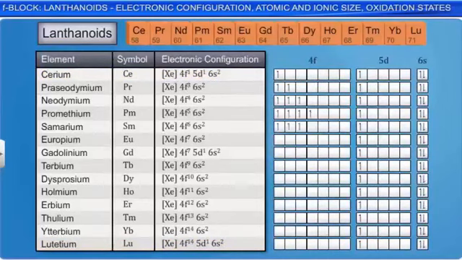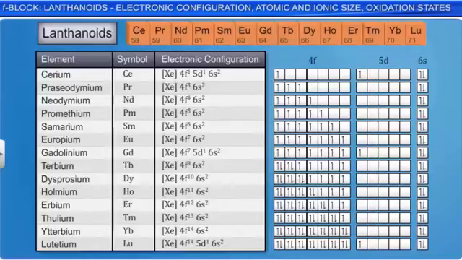However, it is energetically favorable to move the single 5d electron to the 4f level for most of the elements, except cerium, gadolinium, and lutetium.